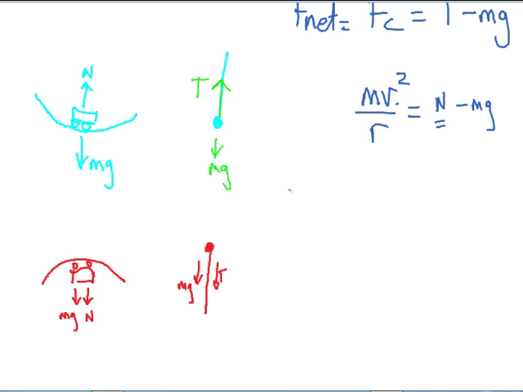So we treat these two similarly. In this case the net force is equal to the normal reaction force plus the weight force. Both of them act towards the center, or if you've got the string, it's the tension plus the weight force.